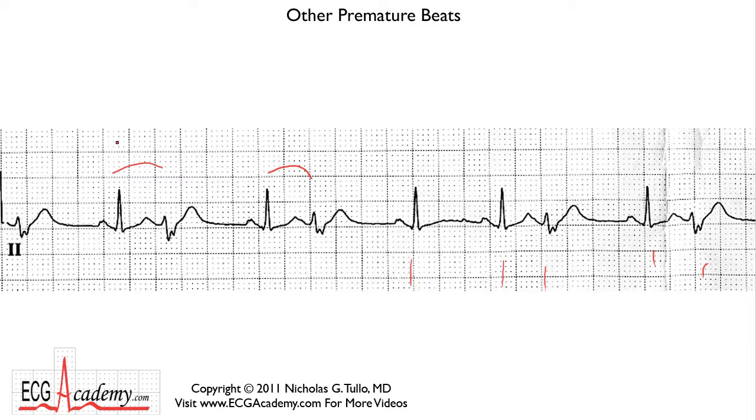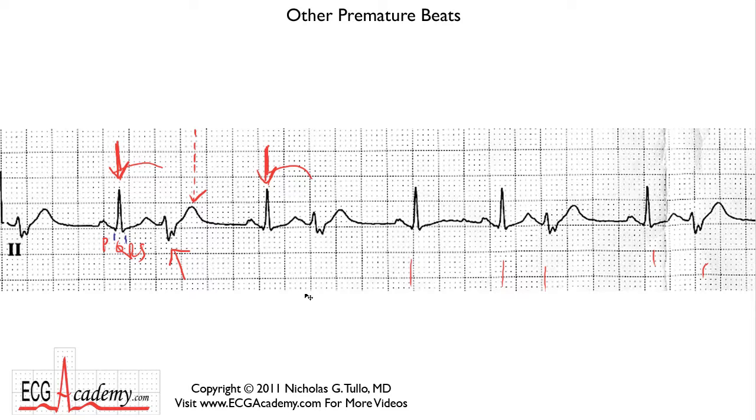That's right. If you map out this normal-looking beat with a P and a QRS, your PR interval looks pretty normal. And if you take this one as the next normal beat and you look right in the middle, you can see that this beat right here occurred early. Now let's look at the QRS duration. In the normal beat, it's only about 80 milliseconds or so in duration.